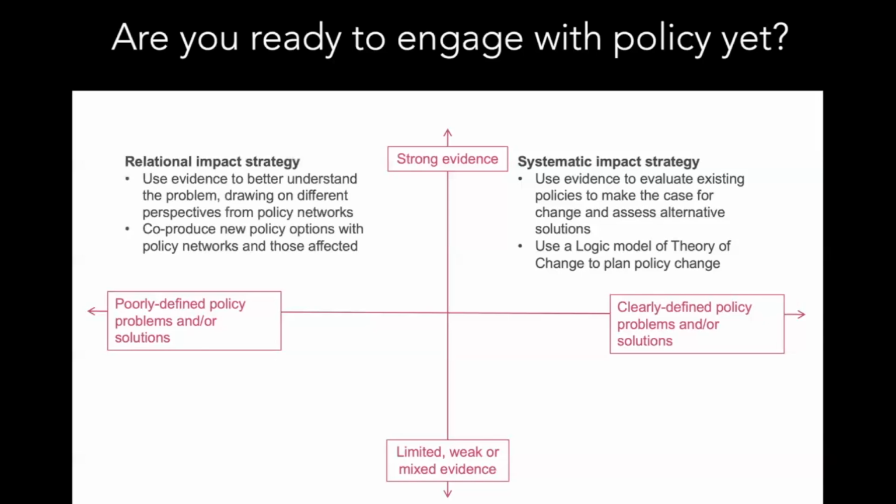Of course, very often when we look at the policy problem as it's been defined, and think deeply and critically about this, we realize that this has been defined by a group of people in power.